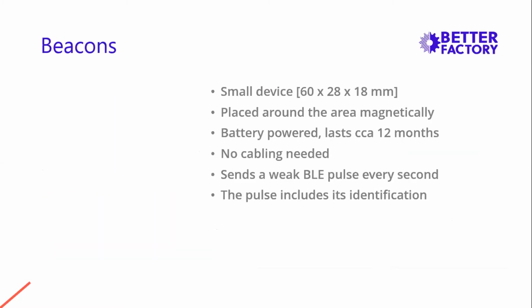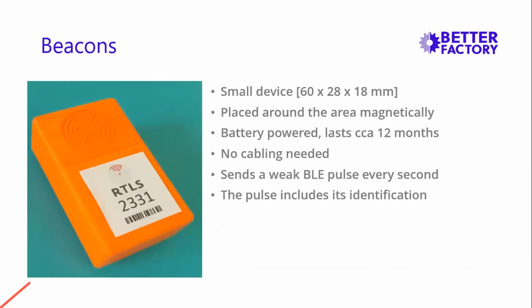Now, if we look at the beacon, it is basically a small device. The dimensions are like 6 by 3 centimeters, more or less. It is extremely easy to install, so don't worry, it's not wired, it's battery powered, and it's installed via magnets.